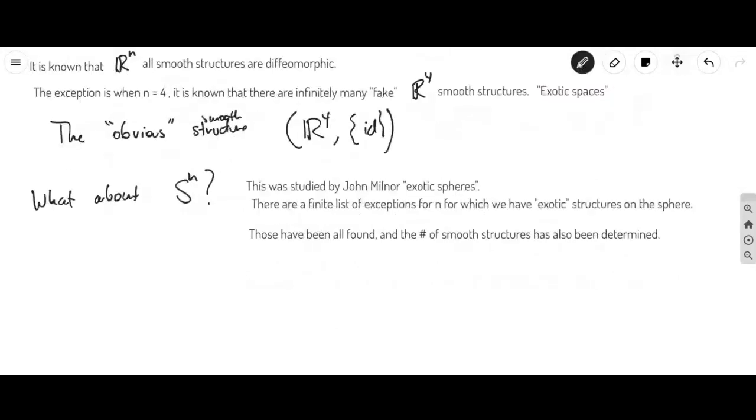Again, I did not look this up, but I think there might be an exception for S^5 or maybe S^7, where there's more than one different smooth structure you can put on it. That would just mean a different smooth atlas, which is not diffeomorphic to the usual way of doing it. Stereographic projection is probably the easiest way, because you just have an atlas consisting of two charts. But there are other ways to do it, and there's a known result about which dimensions are exotic, and also the full description of how many you have. So that's something that is understood.